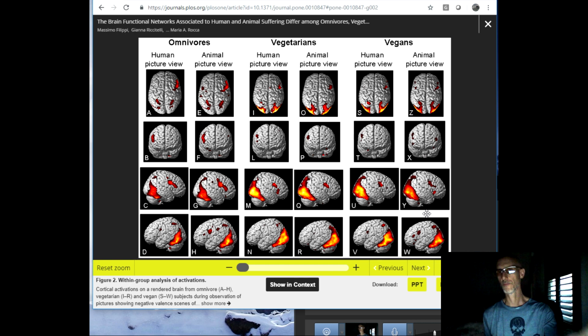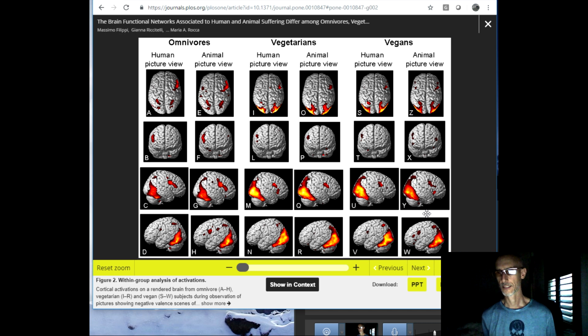If you look at the omnivores on the left, and I know this is an oversimplification, but based on what the authors of the study were saying, it's showing more activity in the vegan's brain compared to the omnivores. Images are being presented in this experiment in which animals are suffering or humans are suffering, and that's why you have it divided up here.